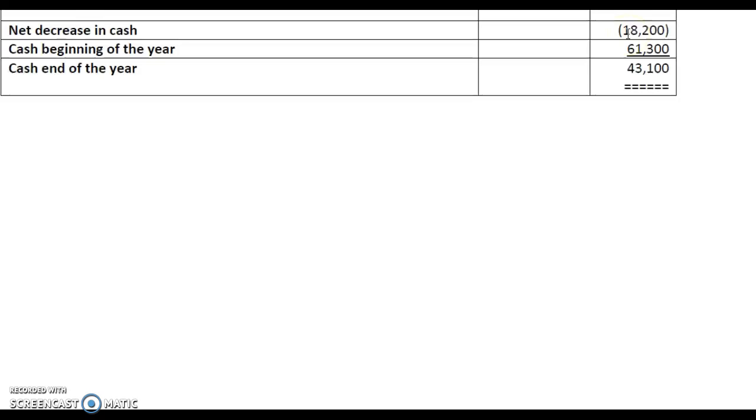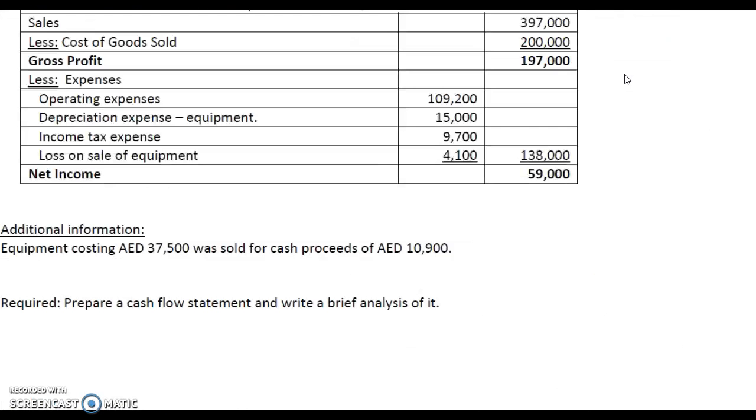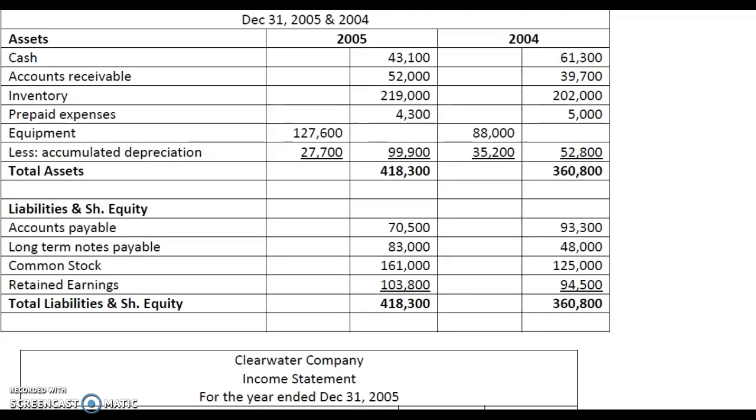So minus 18,200 plus 61,300 gives us an ending balance of 43,100. This amount must match with the cash balance of 2005 as given in the balance sheet in the question, 43,100. So that is the solution for Clearwater Company.